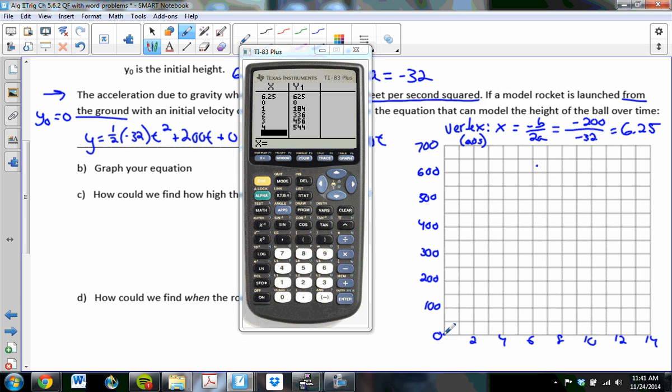I have the point 1, 184, we're going to put about here. 2, 336 is right about here. 3, 456, just above that line. 4, 544. 5, 600, nice and simple. I don't really need to plug in a 6 because I'm so close already, but 6 is going to be 624. It's basically right there. Then I'll go 7, 8, 9, 10.